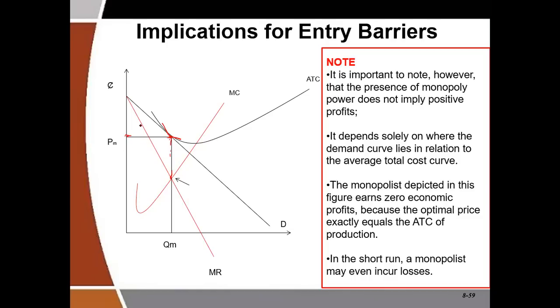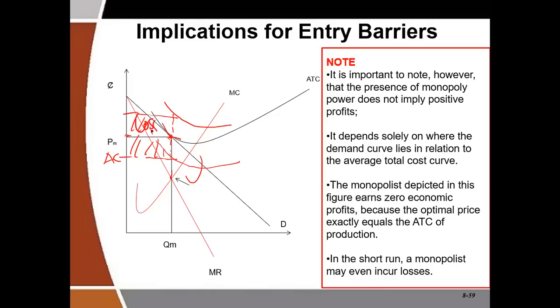Okay, so monopolies will make profit when the average cost curve lies below the price. Once it lies below the price like this, it means that the price will be bigger than the average cost, and it means that we will make profit. But once it lies at the same place as the price, we will break even. And once it lies above the price, it means that the average cost will be bigger than the price and we will make losses.